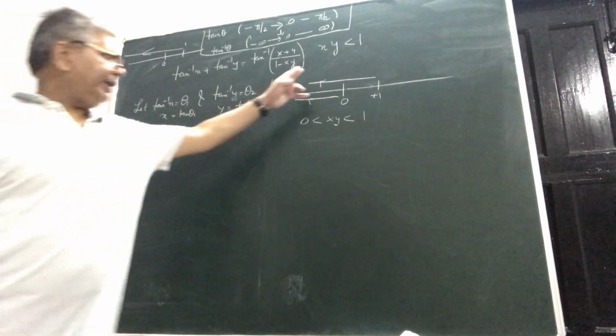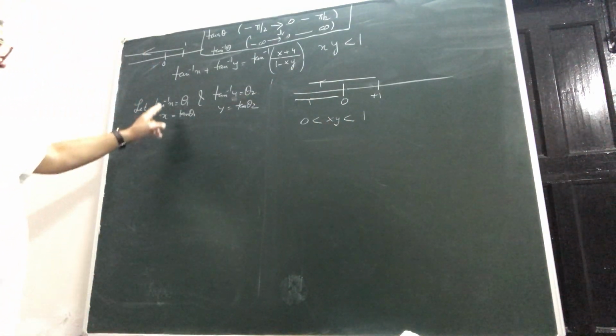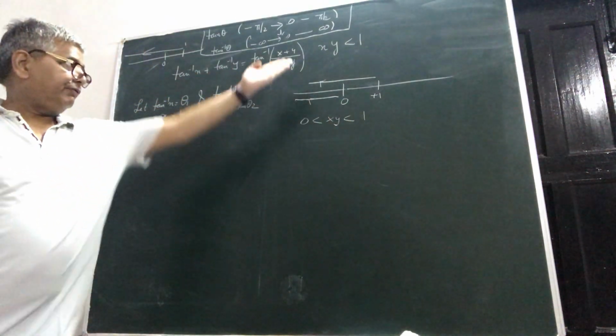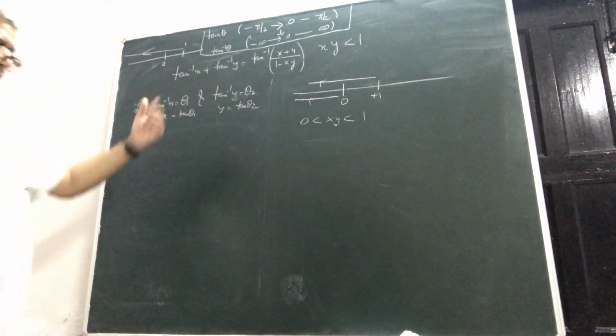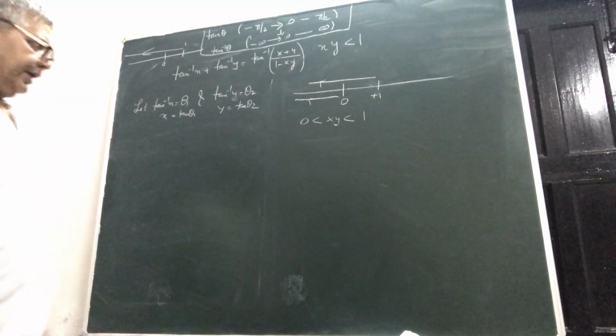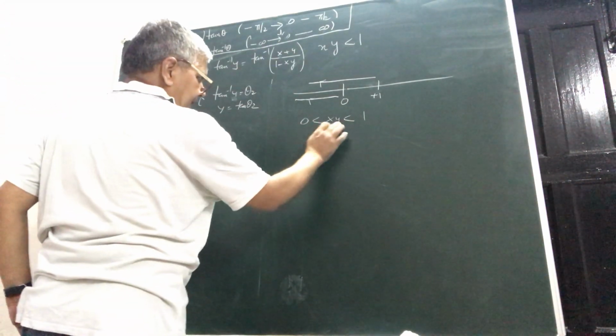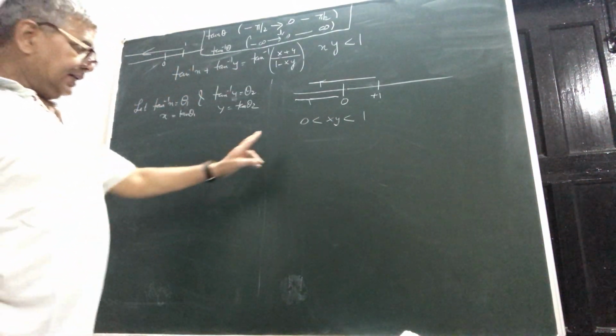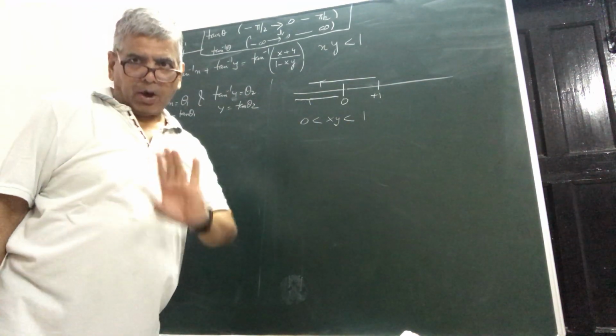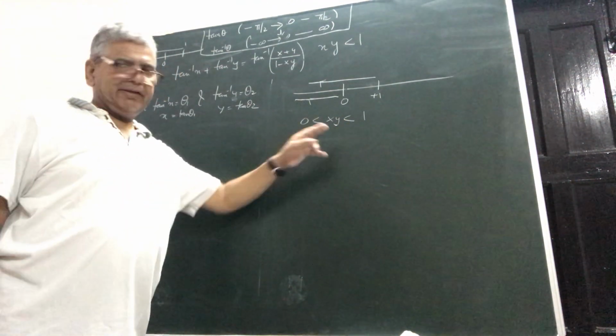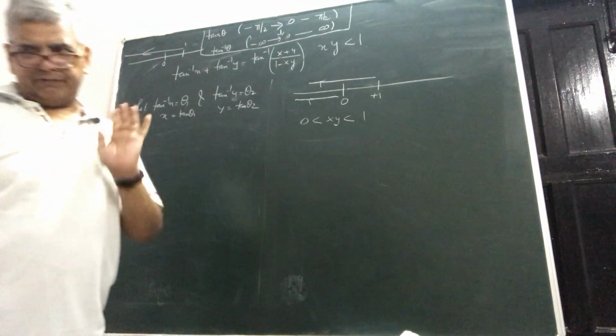Now if I can show that this result holds good for this case again, then my first claim, xy less than 1, will be proved. Now xy is positive, one thing. Positive means both x and y will be positive, or both of them will be negative.